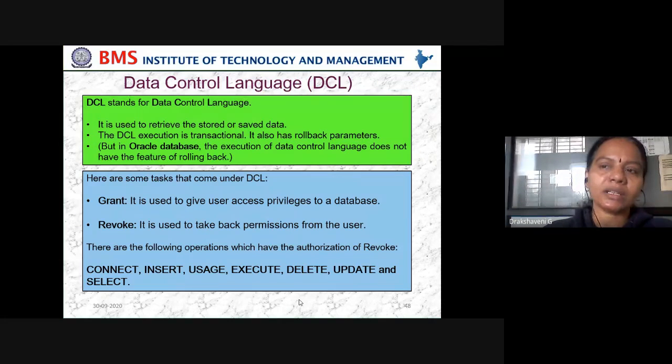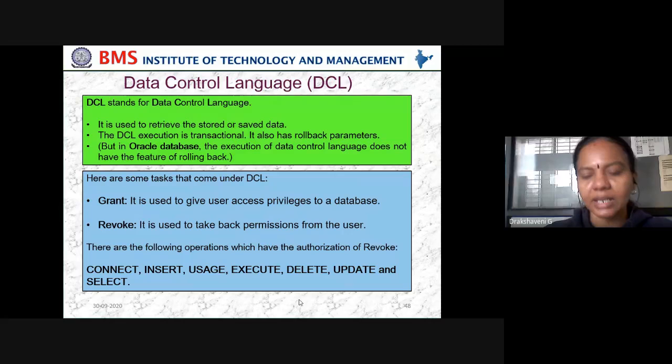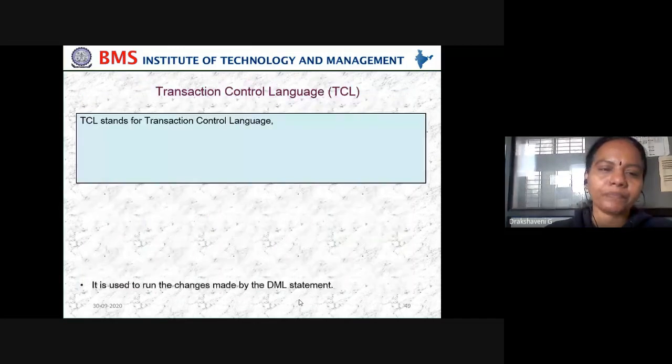In the same way as your mobile data, you can disconnect for some time, suppose you are sleeping and you don't want any messages because you'll get a sound, so you may switch that off. That's what connect is. Then insert, you can insert values into the table. Then usage, execute, delete, update, and select. These are some of the commands we use in data control.